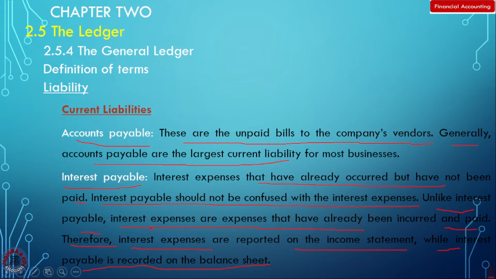When you get your revenue, you need to net off your expenses, so the interest expense will be part of the expenses. But when it comes to liability, the amount that you're supposed to pay that you've not paid, it becomes a liability. So that one you need to record in the balance sheet. Hope, ladies and gentlemen, you understood. So let's proceed on.